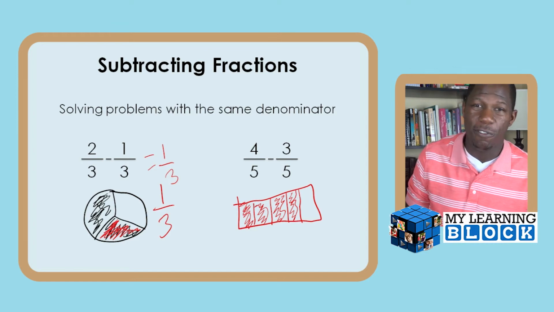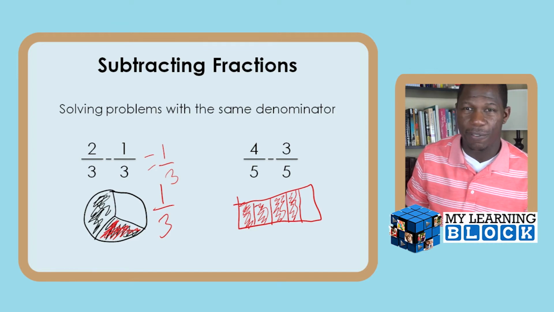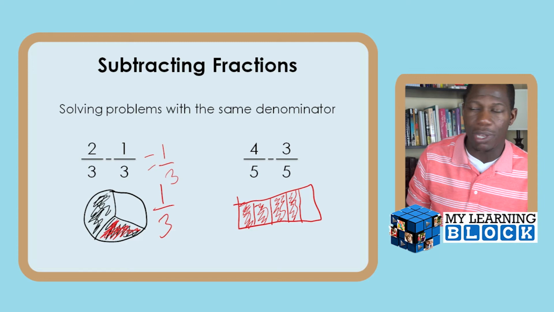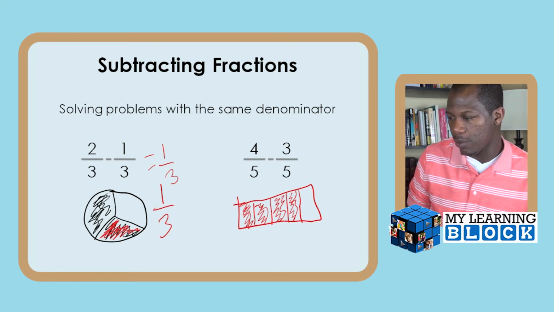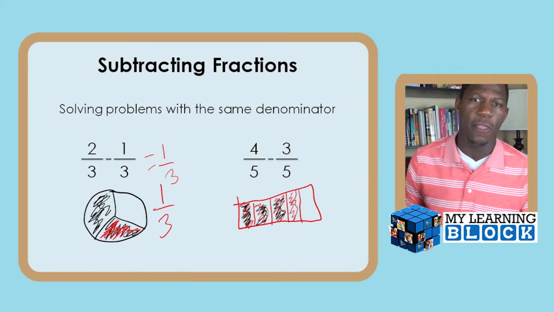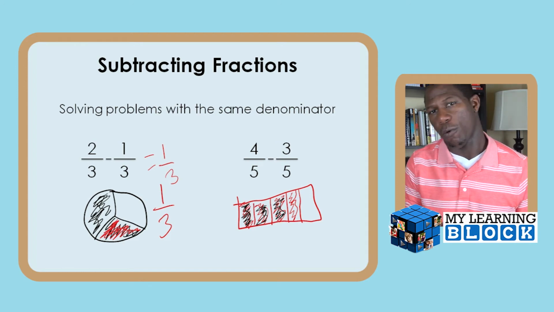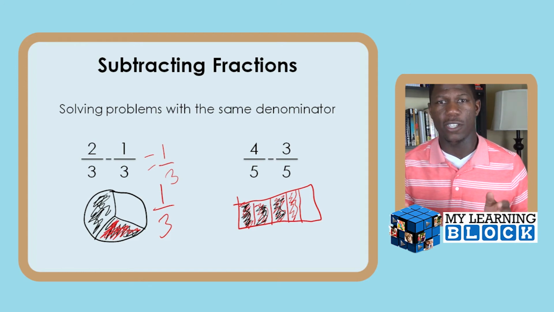And then from that 4 out of 5 that are colored red, I'm going to take 3 out of 5 and color black, a different color. So 1, 2, 3. Now remember, we're only worrying about the original 4/5 because we're taking the first number, the 4/5, and we're breaking that apart into 3/5.